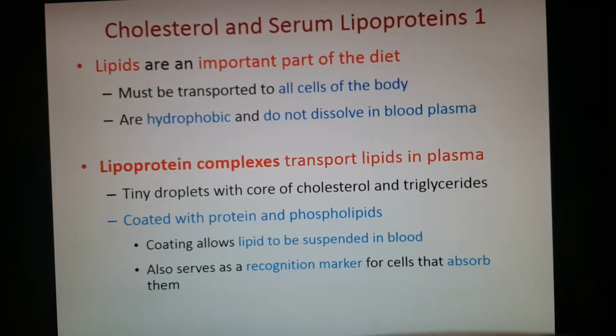So the lipids are coated with proteins and phospholipids as a package that allows the lipids to be suspended in the blood so that they can be transported in the bloodstream. These lipoprotein complexes also serve as a recognition marker that tells the cells what's in that package, and therefore the cells can then absorb the lipids from those packages.